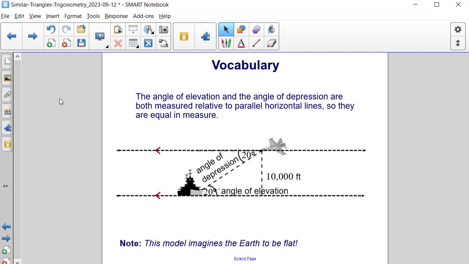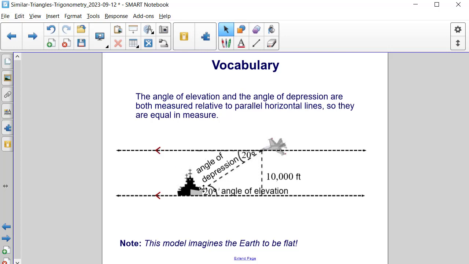And both the angle of elevation and the angle of depression are measured relative to parallel horizontal lines, making them equal in measure. So here we can see the horizontal distance between the pilot of the plane looking down at the ship, that angle of depression, if we say it's 20 degrees, then the angle of elevation from the ship to the plane in the air to the horizontal formed by the sea is the angle of elevation.